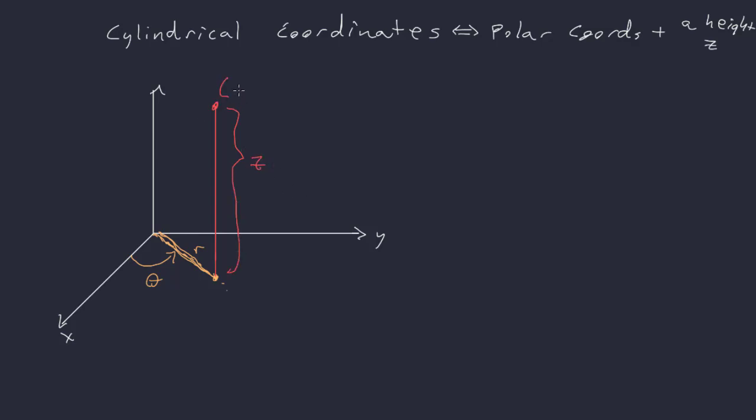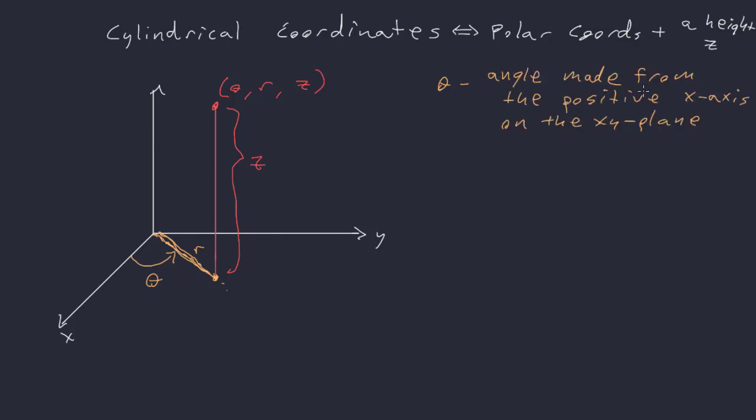So this actually gives us coordinates in the form of theta r z, or these are ordered differently sometimes as r theta z or z r theta. That part doesn't really matter. The important part is what these things are. The theta is the same as before. It's the angle made from the positive x-axis on the xy plane.